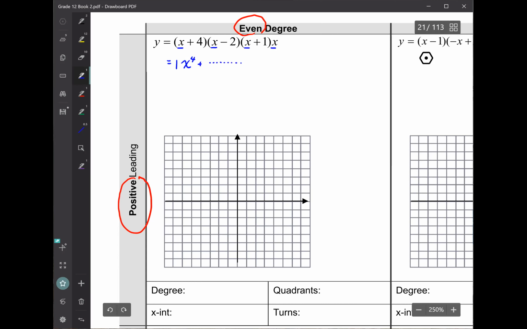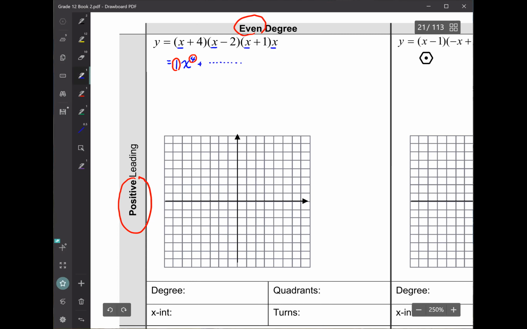The rest you need to expand to figure out. But all we care about is the degree. Degree is 4, that's an even number. Coefficient is 1, that's positive. That's all we care about. Anything that has even degree and positive will have the same location for arrows.